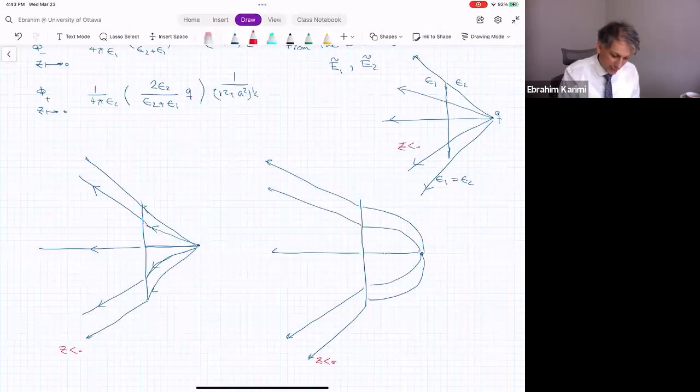It seems that the field lines are coming from a certain point. So that was the reason that we assumed it.